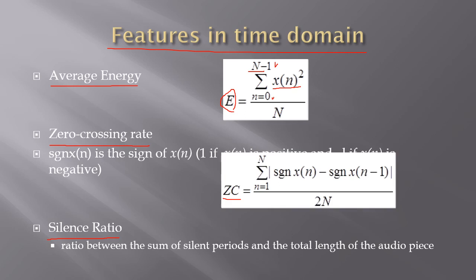Okay, and then zero crossing rate is basically the number of crossings from positive to negative.